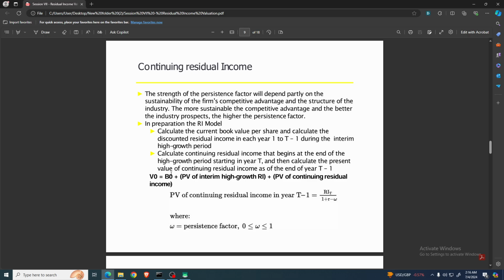You have the ROE of 15%. I will actually quickly write this down.